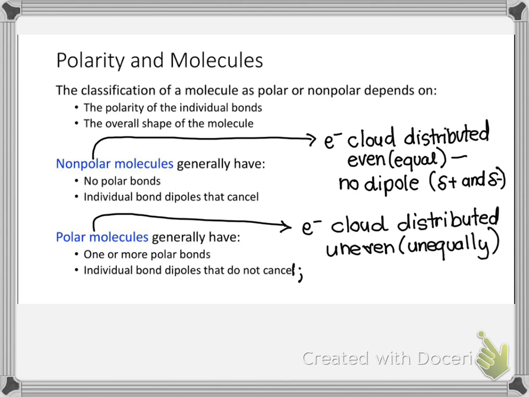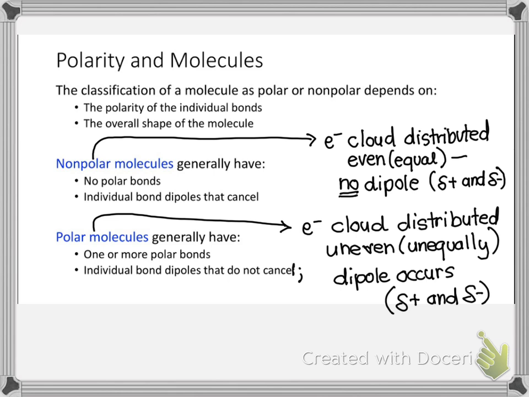And so anytime your electron cloud is not even, you get electron cloud more in one place than the other, and you get a dipole. So then the molecule itself will have positive parts and negative parts. You don't have any of that up here. The big picture, and we'll think about it more when we're talking about solubility, is that when you have something with even a little bit of positive and negative, it interacts with things differently.